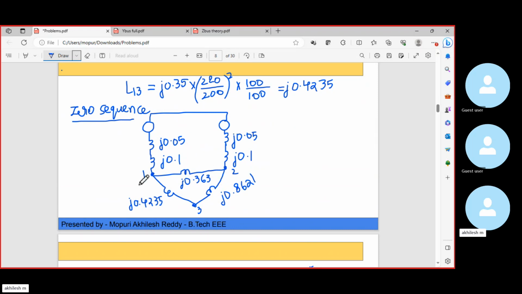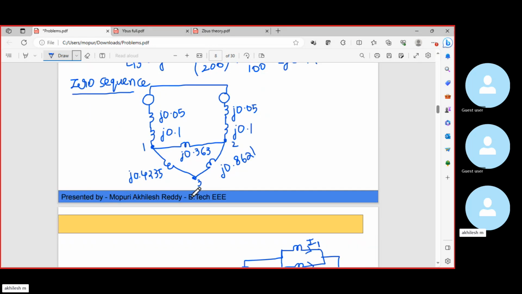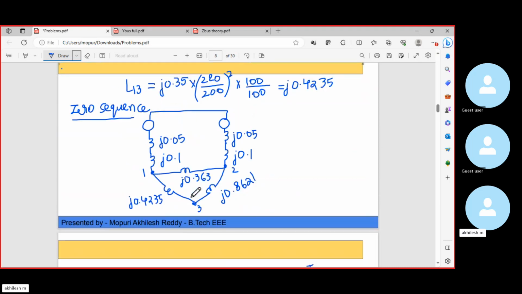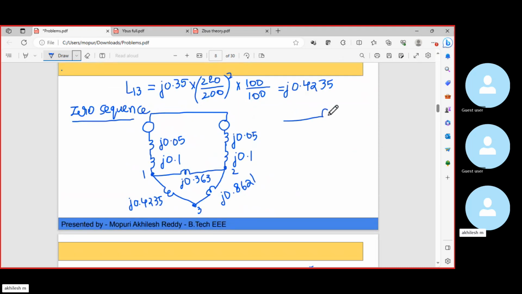Now, here we have the first bus bar and second bus bar, so we need to convert this delta into the corresponding star. How to convert this delta to star? Here, this is the equivalent circuit in star.